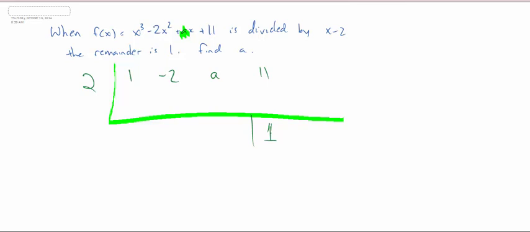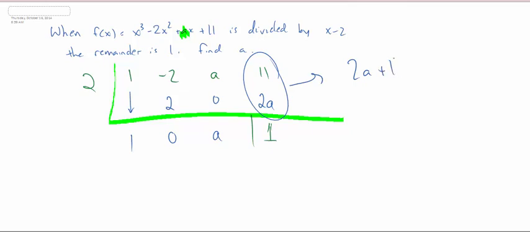Okay, so let's start reasoning through this. Bring the 1 down. Multiply. That's 0. 2 times 0 is 0. Here's a. We multiply here. We get 2a. Okay, what do we do with these two things again? That's right, we add. So 2a plus 11 needs to be 1.